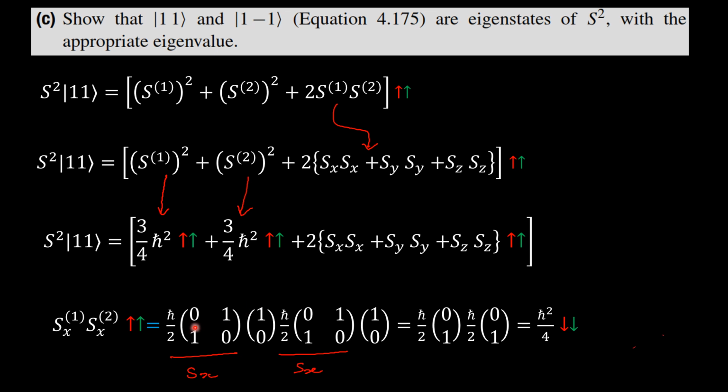Now if you multiply this first row and this column, you will get 0. Second row and this column, you will get 1. Similarly here, first row and this column, you will get 0. Second row and this column, you will get 1. So this will become H cross by 2, this is spin down, this is also spin down. So this will become H cross squared over 4, both will be spin down. So it will flip the state. That is very important. And then we will see for Sy and Sz.